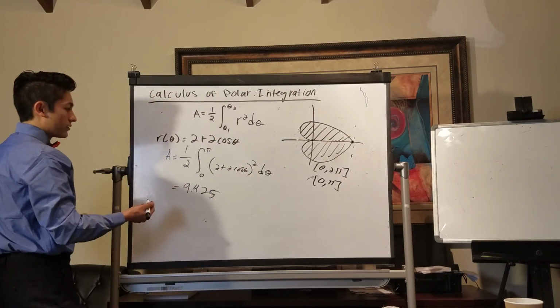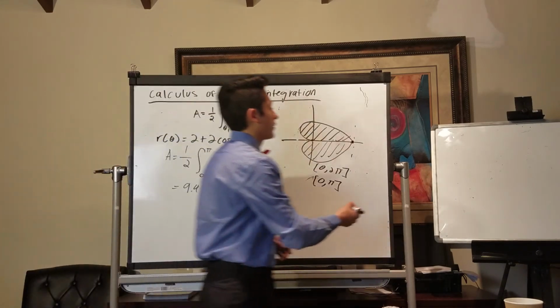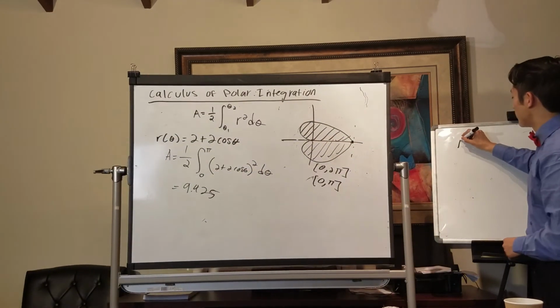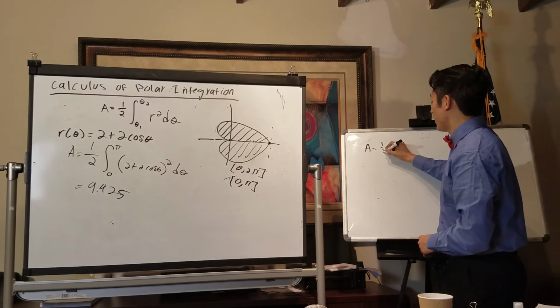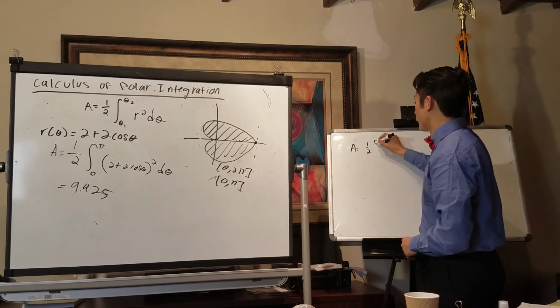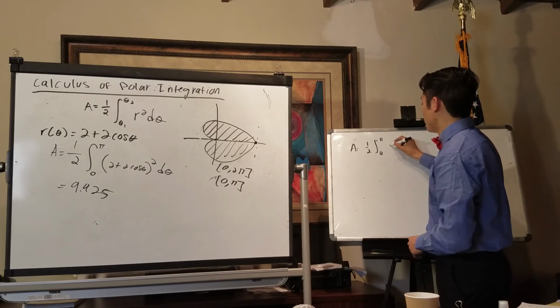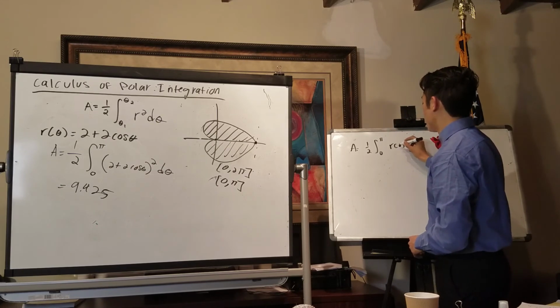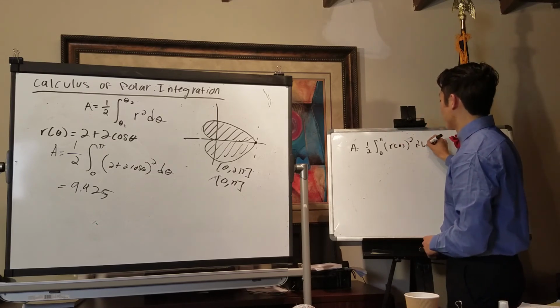So we can simply take what we had before, right over here. Area is equal to 1/2 integral from 0 to pi of r of theta squared d theta.